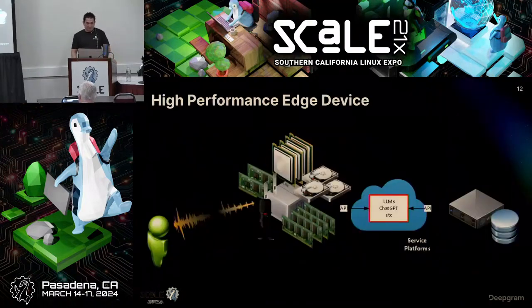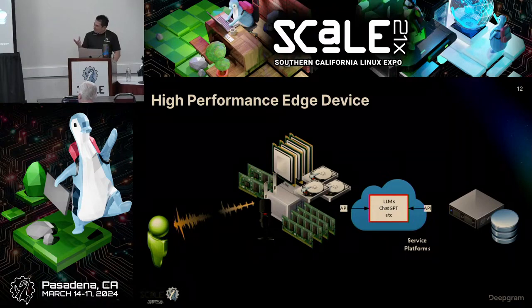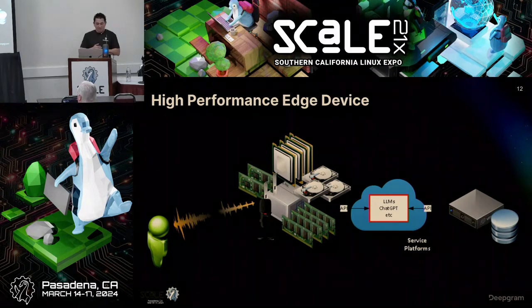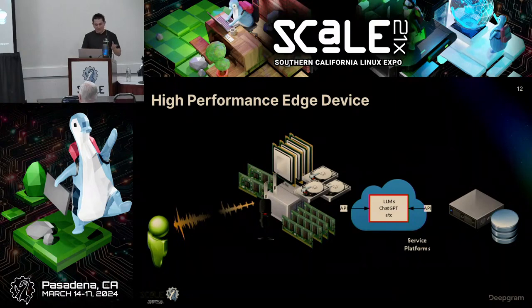So to illustrate, and also touch on another subject, this is a graphical representation of a very high performance device. You could have a lot of CPU. Maybe it has 2 graphics accelerators, 2 GPUs. Maybe it has a lot of memory and disk, and maybe that's enough. And you want that device to be self-contained, air-gapped, so that it doesn't go out to the internet and is completely secure.